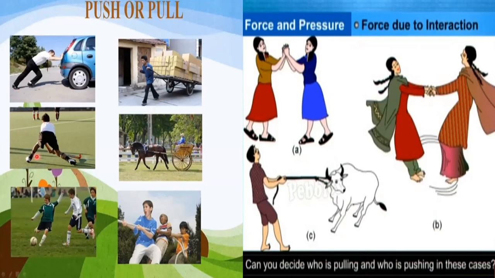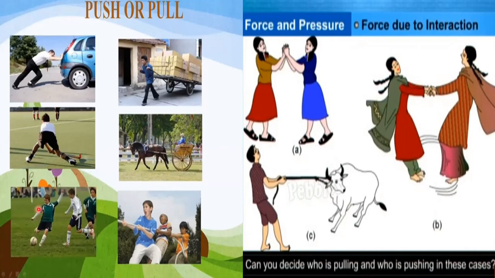By looking into these pictures, can you say who is pulling and who is pushing? You can see a man is trying to push a car, isn't it, children? A player is trying to push a ball with a hockey stick.